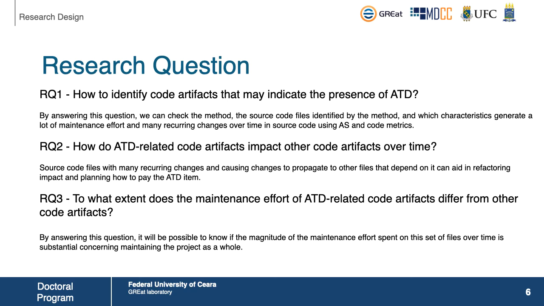The third one, to what extent does the maintenance effort of ATD-related code artifacts differ from other code artifacts? Finally, by answering this question, it will be possible to know if the magnitude of maintenance effort spent on the set of these files over time is substantial concerning maintaining the project as a whole.